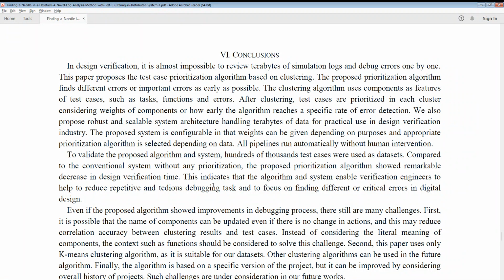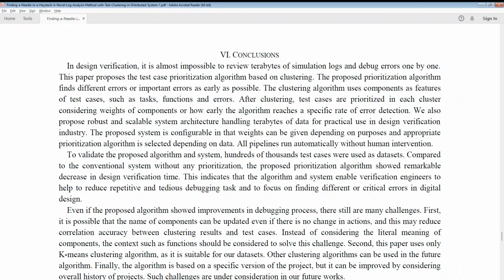This indicates that the algorithm and system enable verification engineers to reduce repetitive and tedious debugging tasks and to focus on finding different critical errors in digital design.